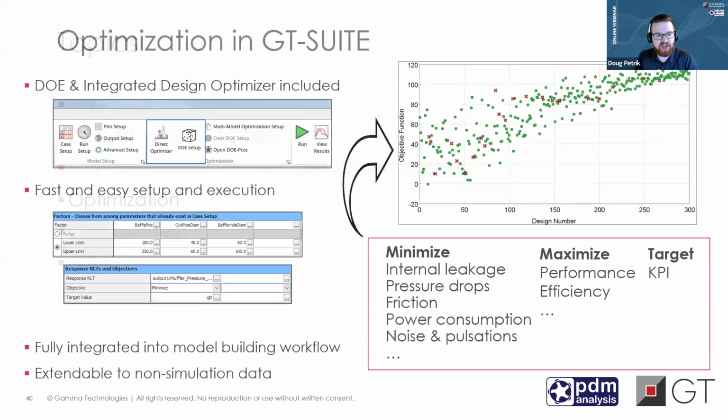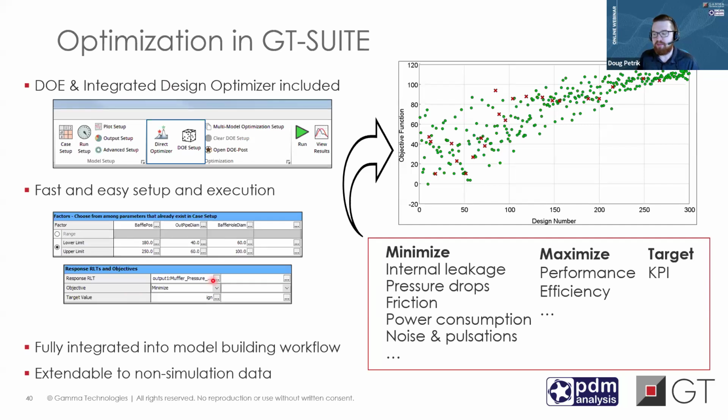I do want to talk, since we've got a few minutes here, about optimization in GT Suite. If you haven't used GT Suite before or were unaware, we have an integrated design optimizer directly in the user interface. You can set up all the factors you might want to optimize and the range or values that may be suitable, as well as set up the responses and whatever your goal might be.